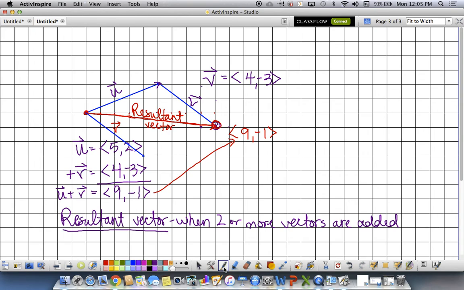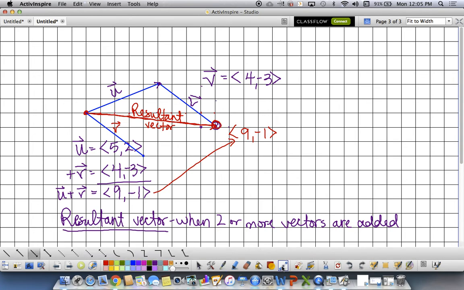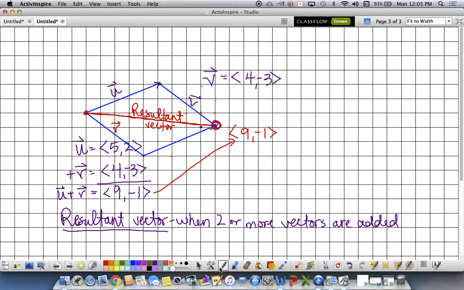It's an equivalent or an equal vector. And then if I did another U going over 5 and up 2. Did I go over 5? Let's see, 1, 2, 3, 4, 5, and I went up 2. That's another vector U.